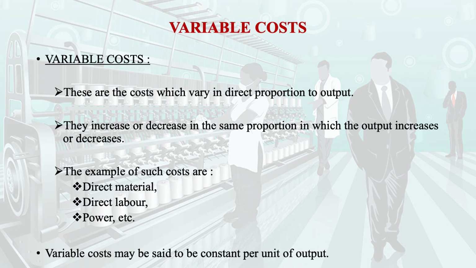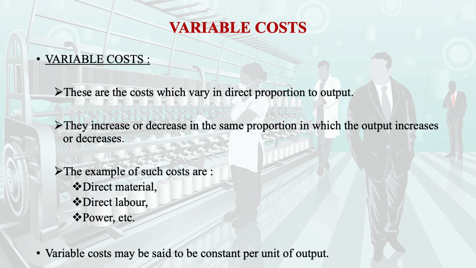The second type of cost is called a variable cost. These are the costs which vary in direct proportion to the output. That means they increase or decrease in the same proportion by which output increases or decreases.